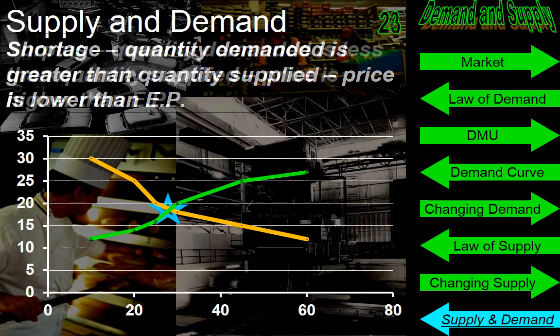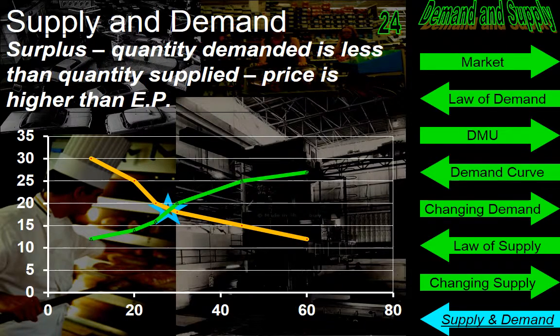We also could have a surplus, and that would be because the price is higher than the equilibrium price. So let's pick out approximately $25 on this curve. At $25, only about 20 are going to be demanded, but about 45 are being supplied.